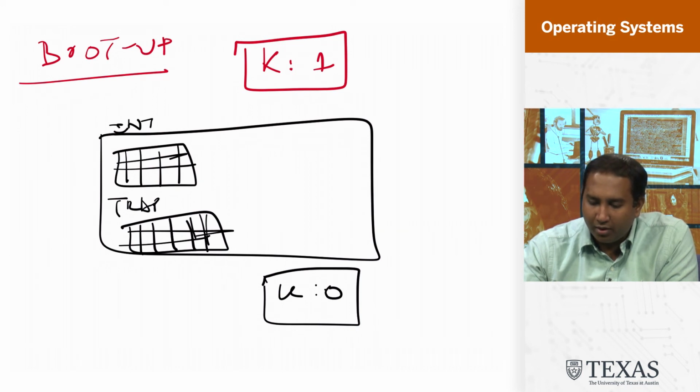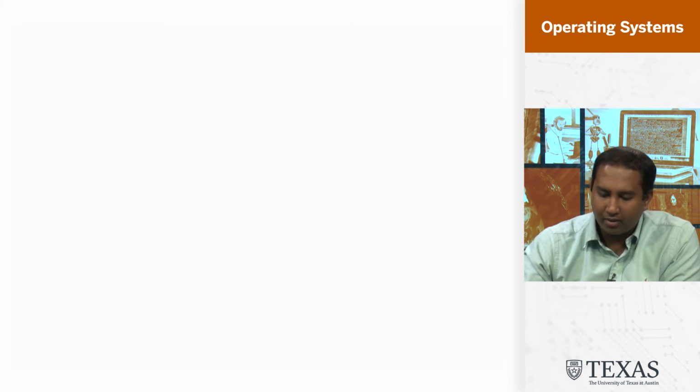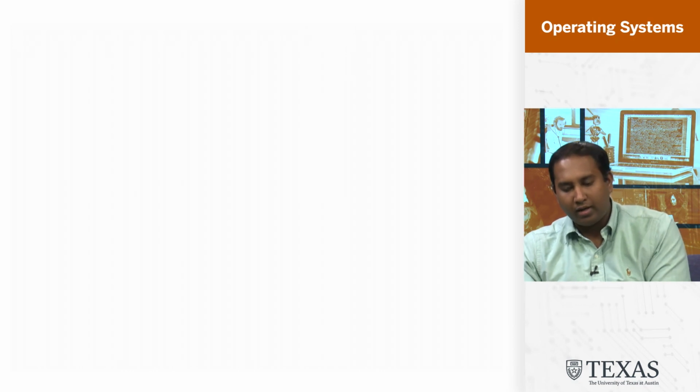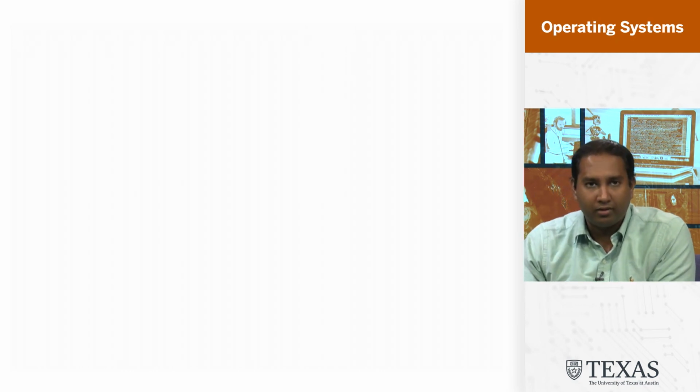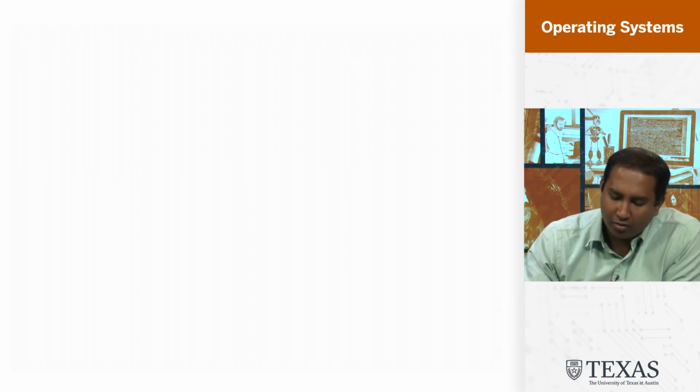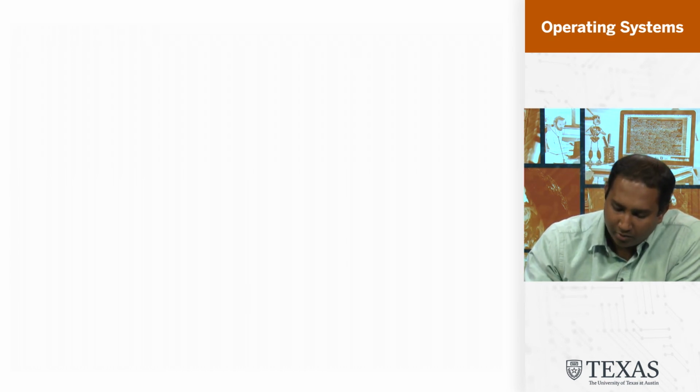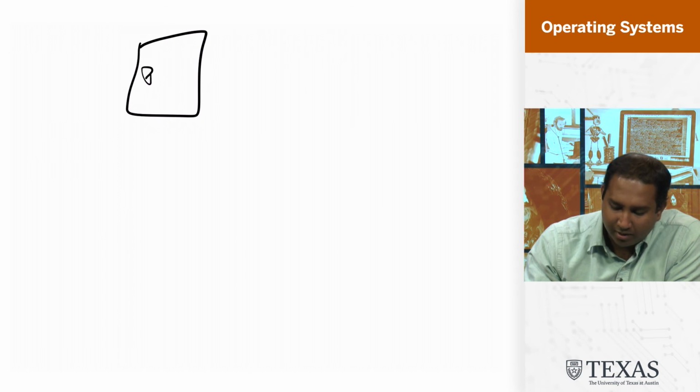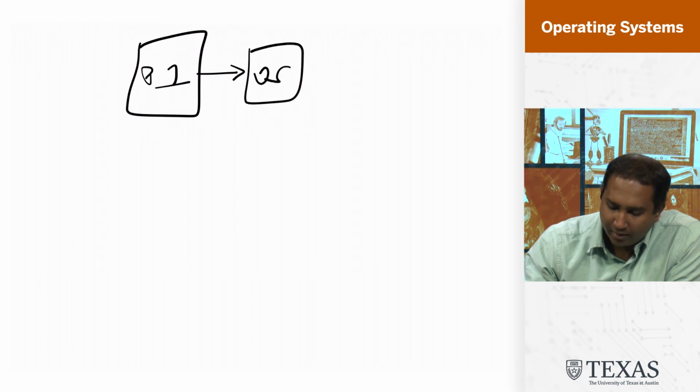Now let's look at something else. Let's look at all the different things that are going to happen as we move through this particular scenario. We will have our familiar P1, then the OS, and then P2 run.